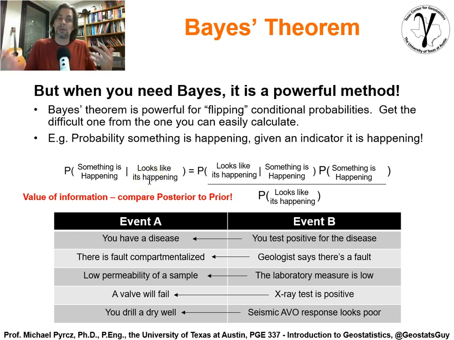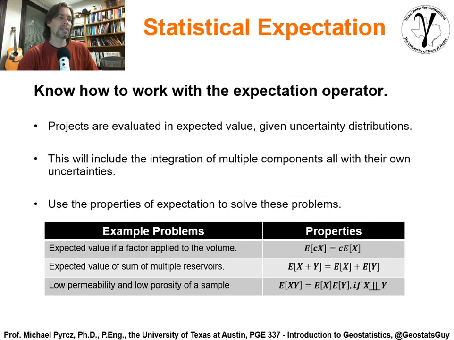If those probabilities are different, it tells you in fact you have received a significant update in your assessment of probability, so that information may be valuable just from the perspective of value of information. There's a lot that we can talk about as far as Bayes' theorem goes, but of course it was a very useful and very powerful tool.